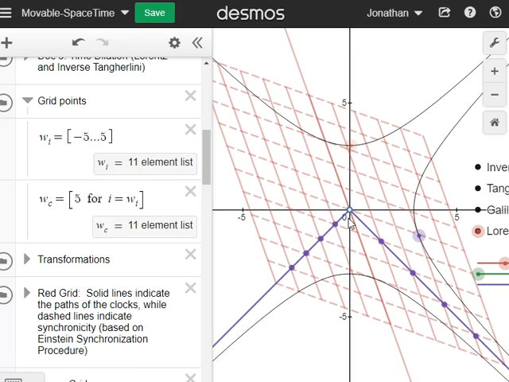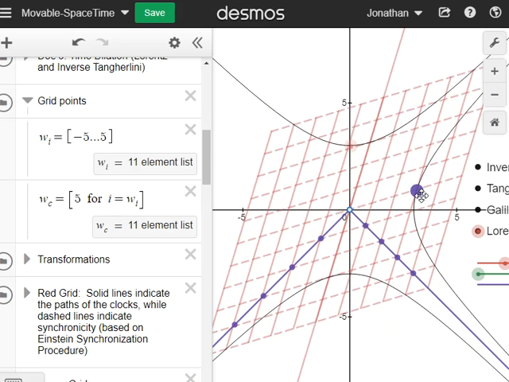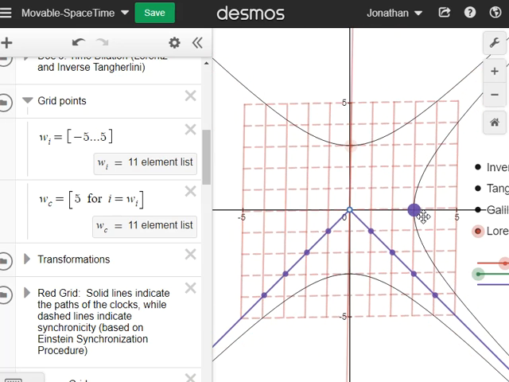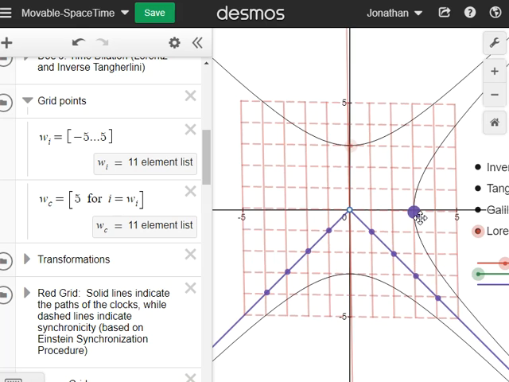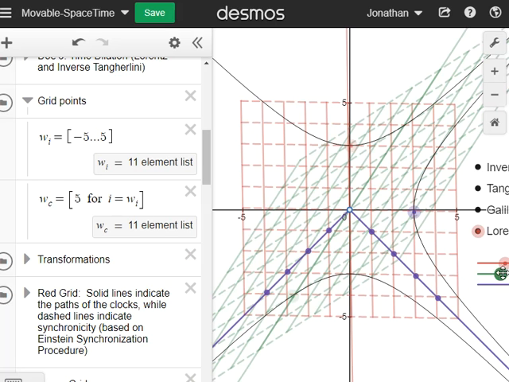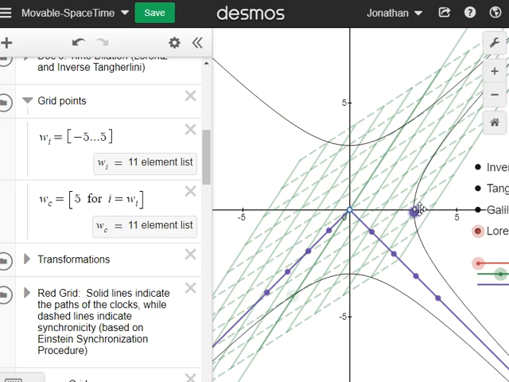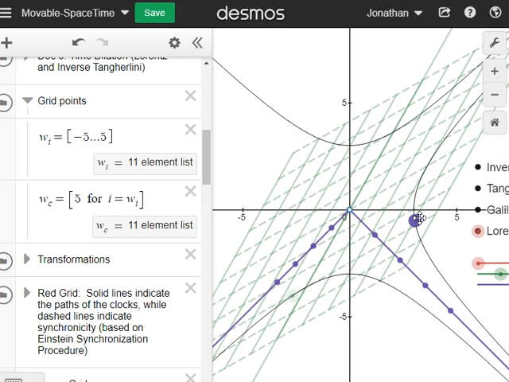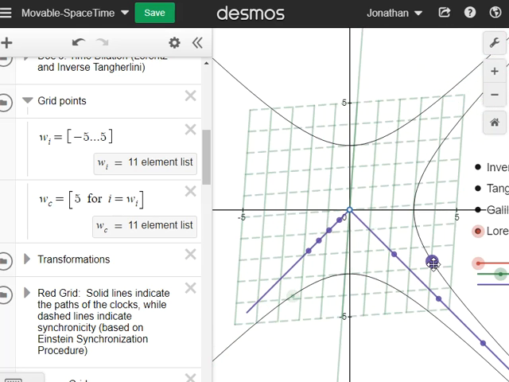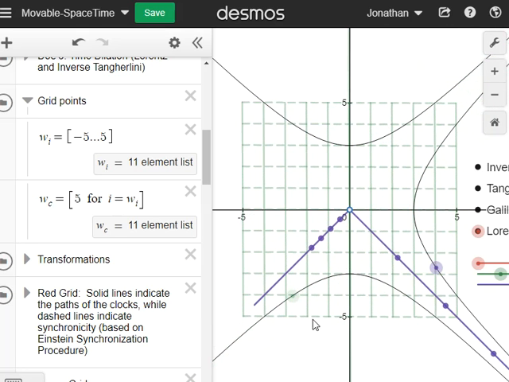What do those, let's see, 8 events look like from the red perspective? Well, move this to where the red is orthogonal, and you can see what they look like from the red perspective. What do they look like from the green perspective? Well, move this so that the green is orthogonal, and you see what it looks like from the green perspective.